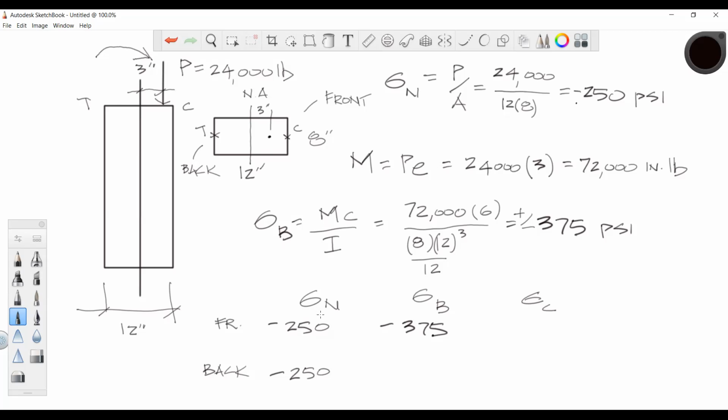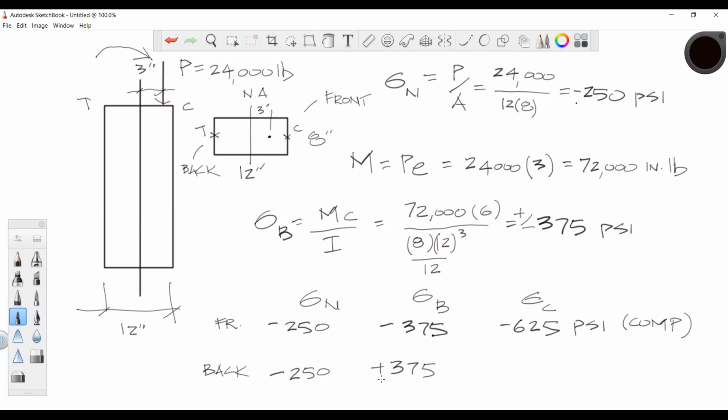So when we sum them, right, we're going to sum those algebraically, and we get a negative 625. We really don't have negative stress. What we have is what? A compressive stress. But we're just using that to indicate that we've got compression. The back of that column is in tension due to the bending. So this is a plus. So when we add those, what do we come up with?